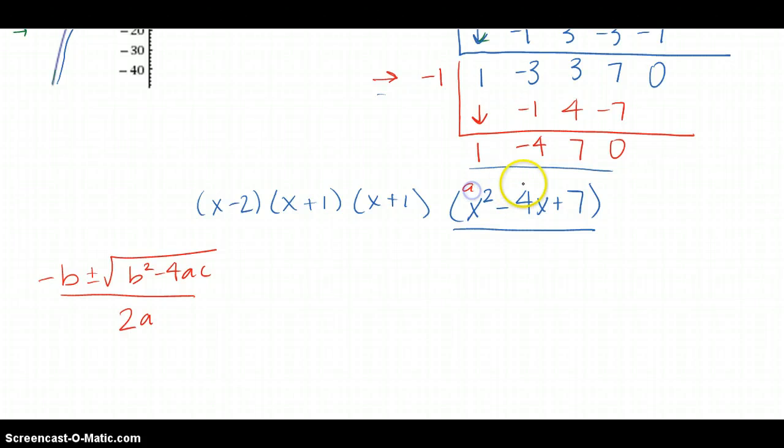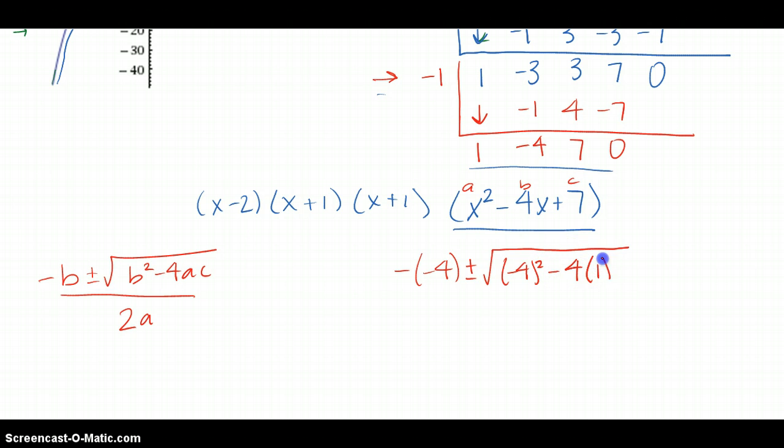Remember that this is a, b, and c. The coefficients in front of our variables don't include the variables. So if we fill in this formula, we're going to have negative times negative 4, which is going to turn it positive, plus or minus the square root of negative 4 squared minus 4 times a, which is 1, times c, which is 7, all over 2a.